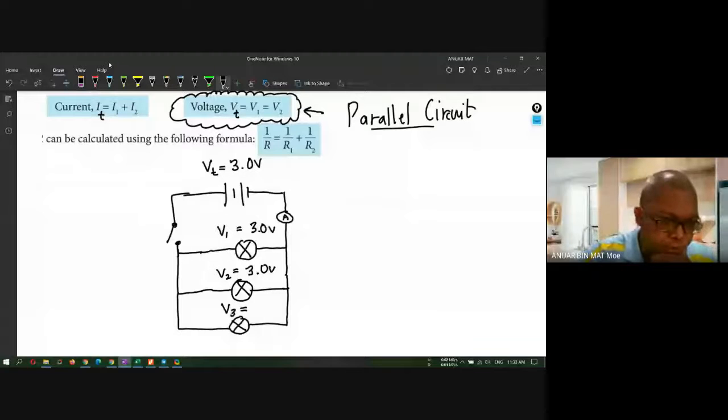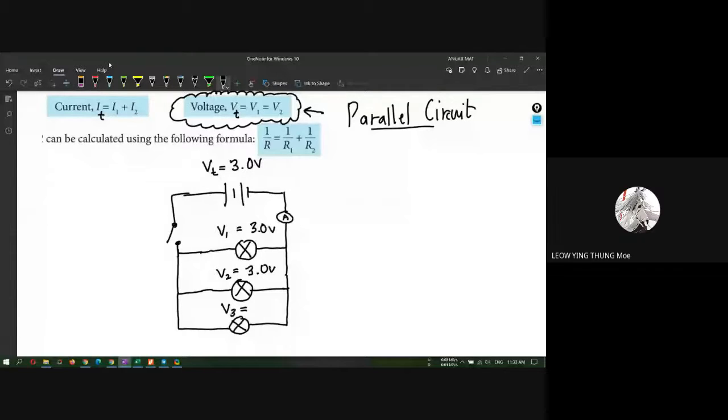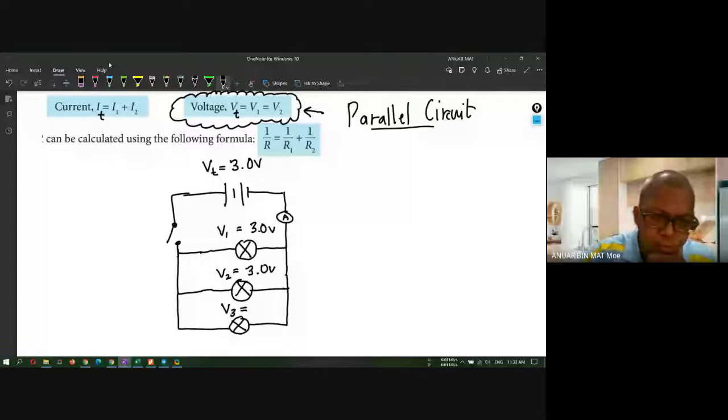Also 3.0. So meaning that the voltage in a parallel circuit is all the same. Do you understand it? Okay, good.